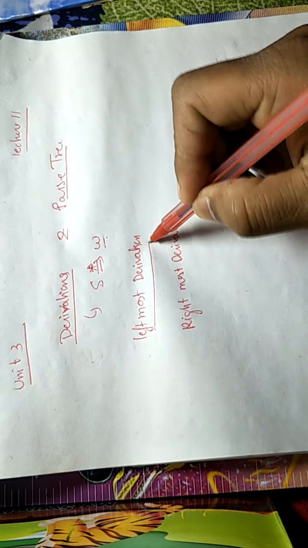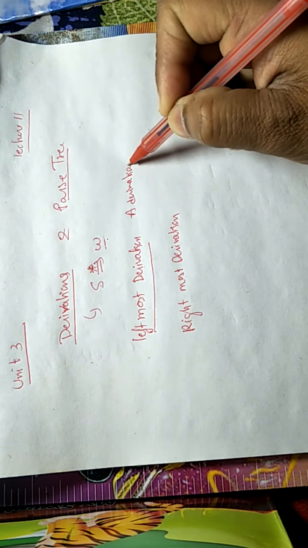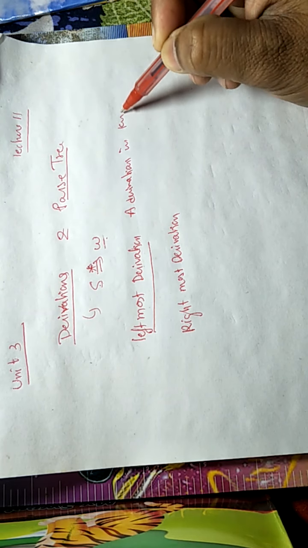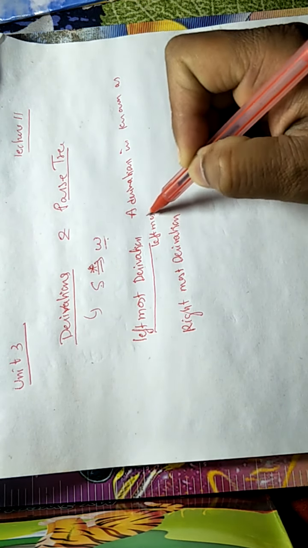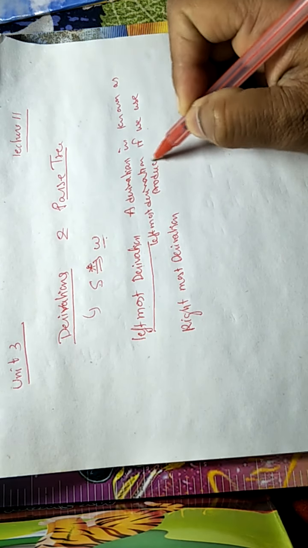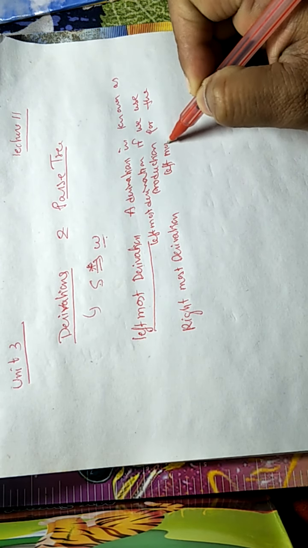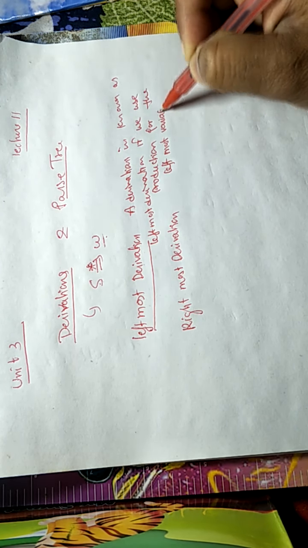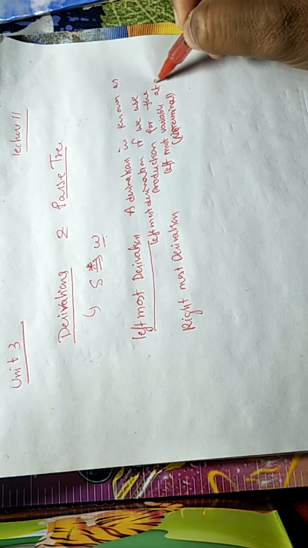A derivation is known as leftmost derivation if we use productions for the leftmost non-terminal or variable at every step.